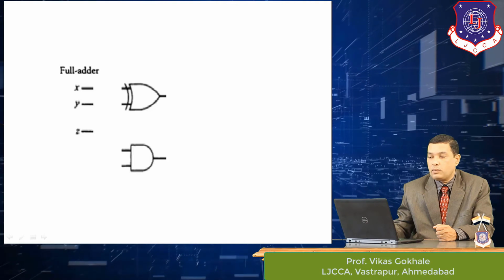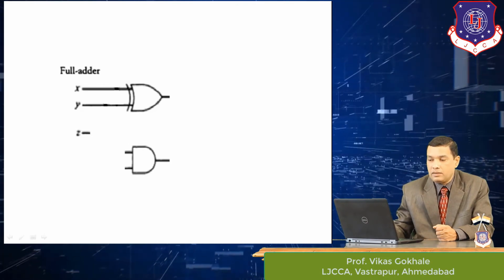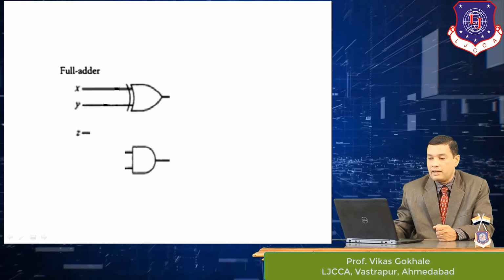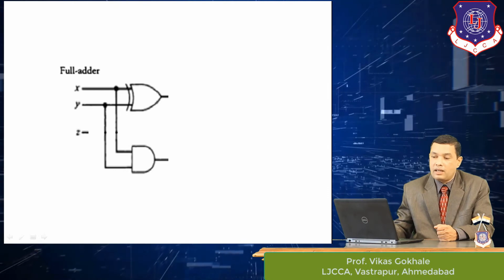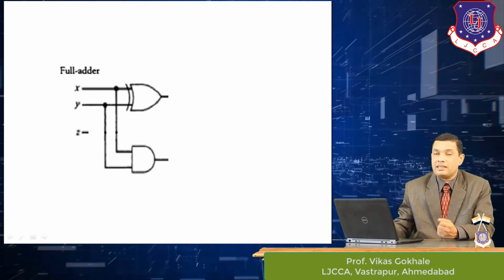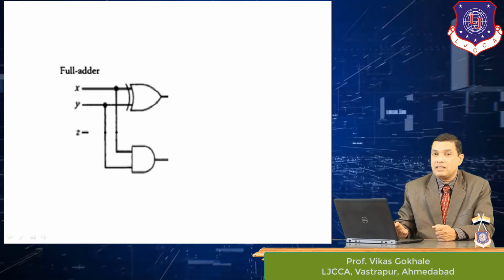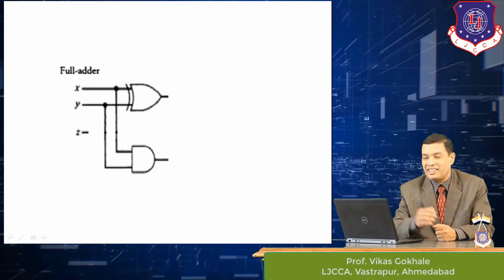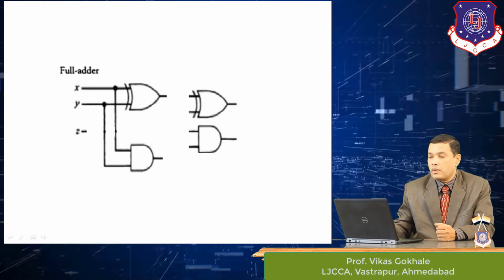Connect X and Y input lines into the XOR gate first. Take a tapping from that and connect the lines into the AND gate also. Up to here you must be remembering it creates the half adder. That's why it is sometimes said that a full adder is a collection of 2 half adders. Now we'll go further.